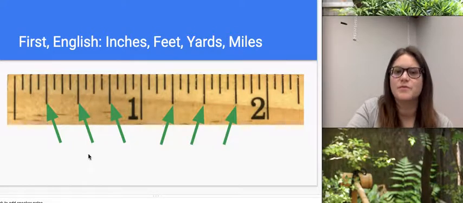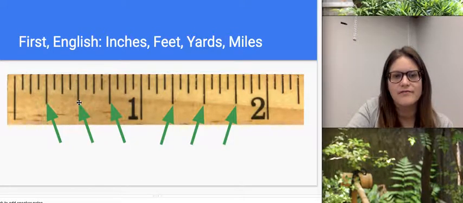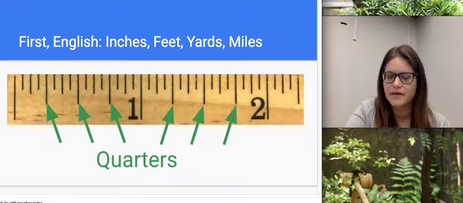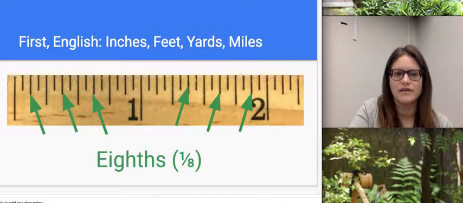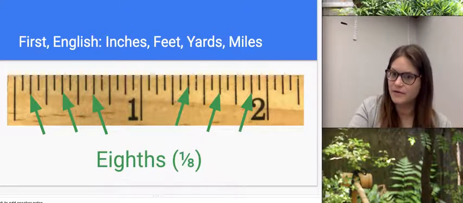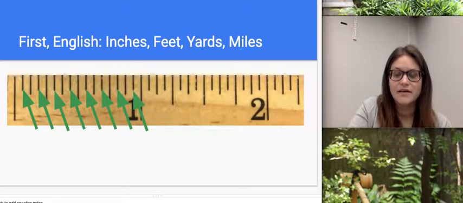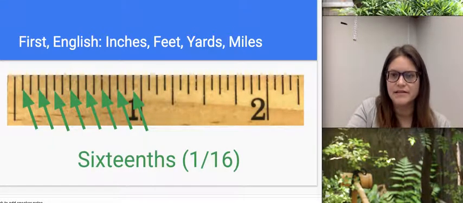Once we cut the half inches in half again, that's where we get the quarters. If we cut those in half again, those marks are called the eighths. And if we cut those in half again, the smallest marks on this particular ruler are sixteenths.